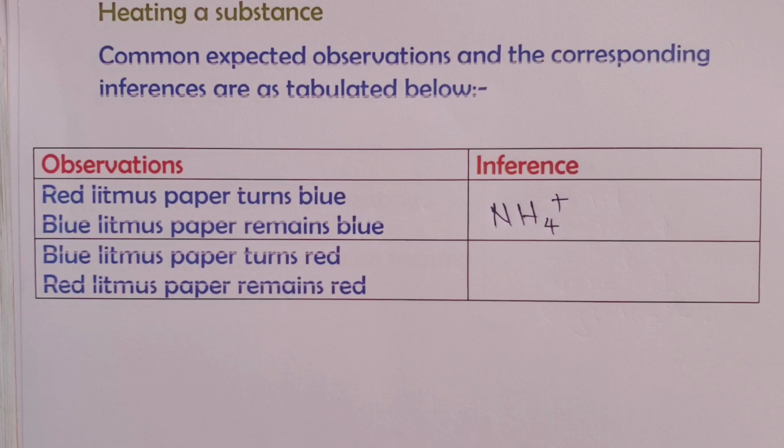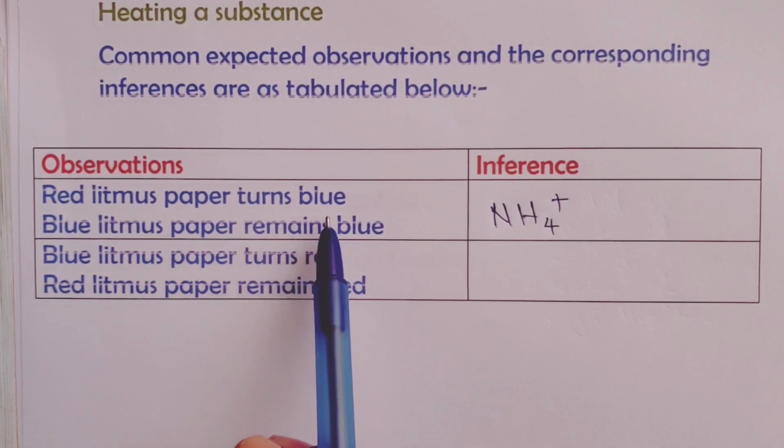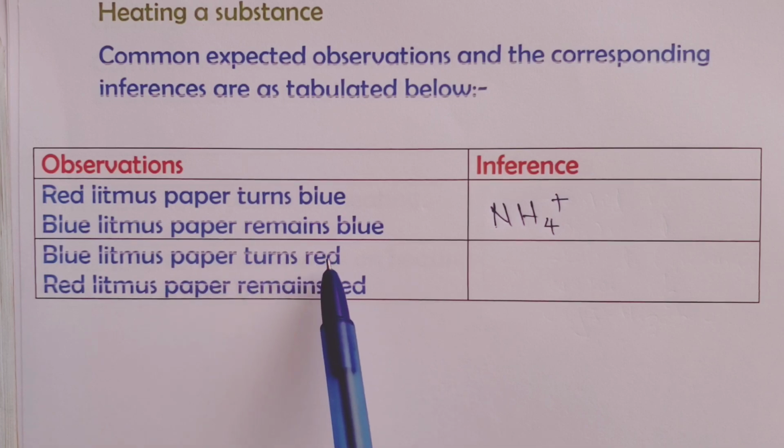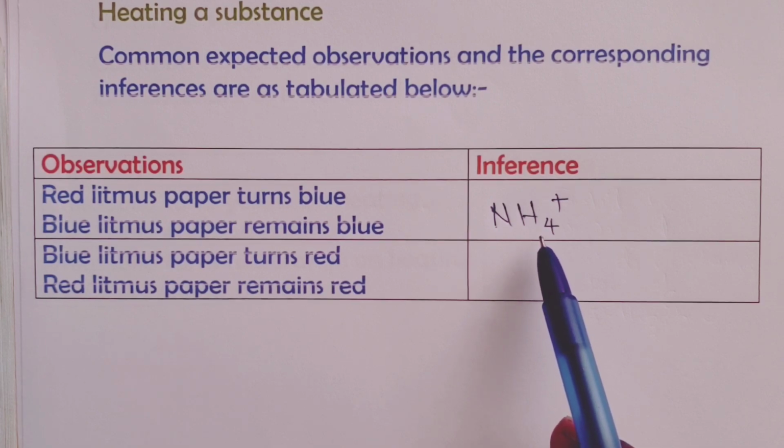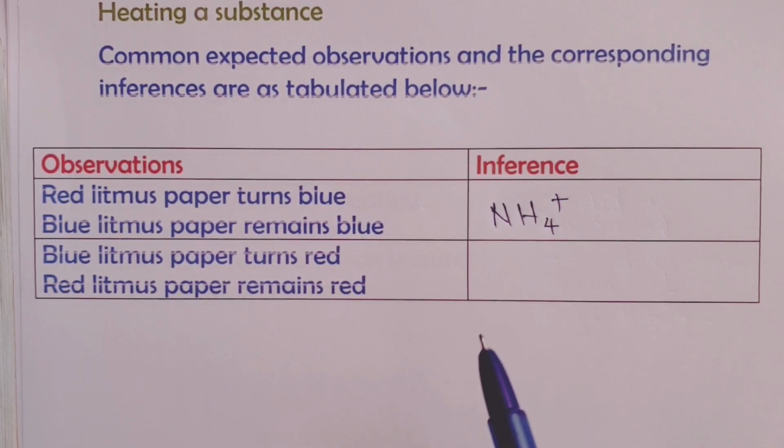It happens that ammonia gas is the only gas that is alkaline in nature. So if your red litmus paper turns blue and blue litmus paper remains blue, then it means that the substance you are heating actually produces ammonia gas, and for that matter, the solid must have ammonium ions.